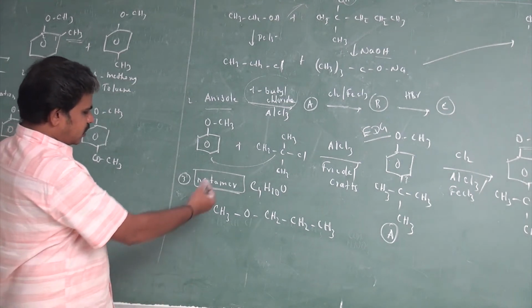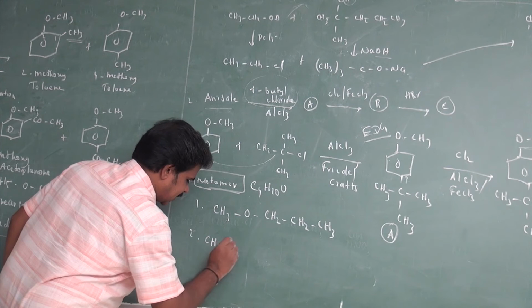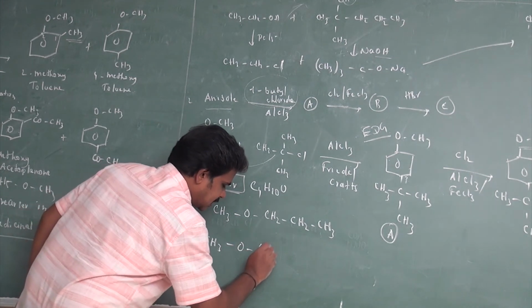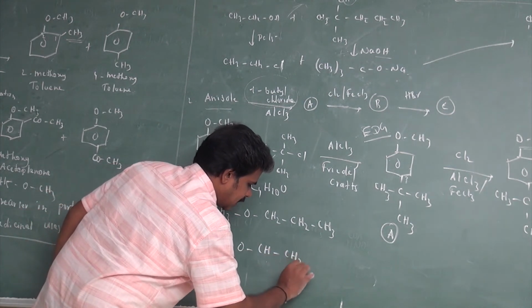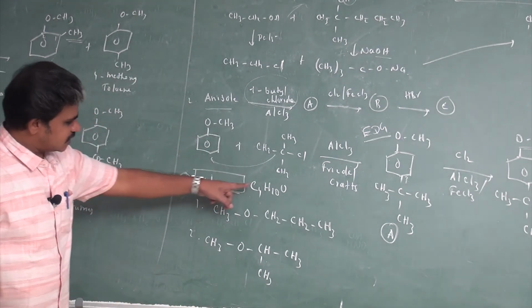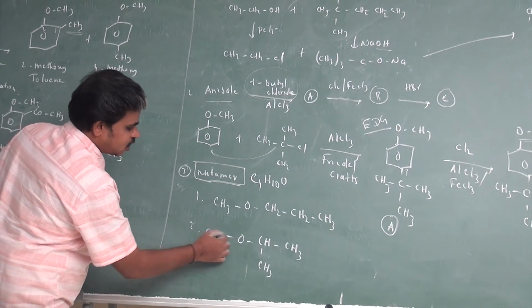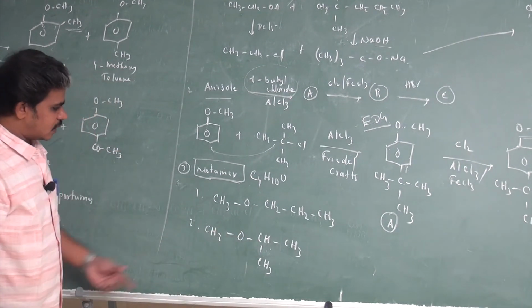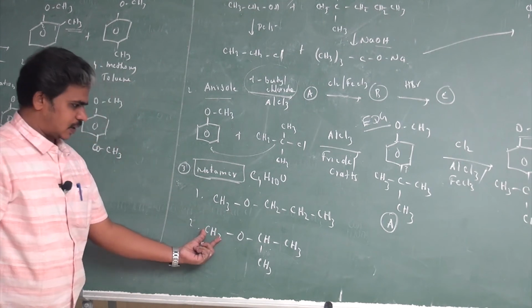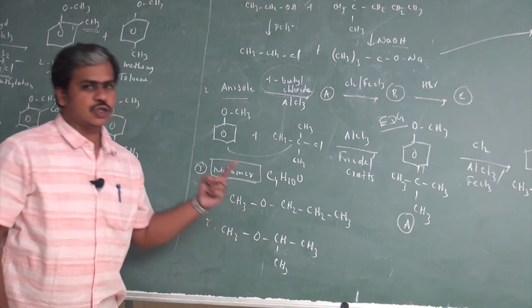We are getting 3 metamers. So the second one here, it is CH3, O, CH, CH3, CH3. It is also the molecular formula C4H10O. But here the attachment of alkyl group differs. Here it is methyl, and n-propyl in the first, but here it is isopropyl.